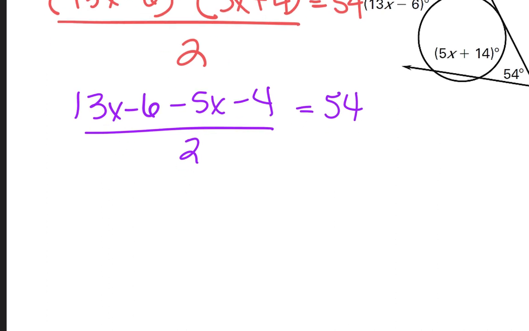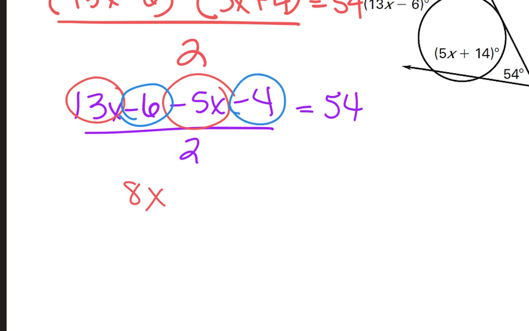All right, so then from here, you just combine like terms. What is 13x take away 5x? 8x, good. What is negative 6 minus 4? Negative 10. Then you divide by 2, and then from here, it's what we were doing earlier. So how do I get rid of the dividing by 2 piece?